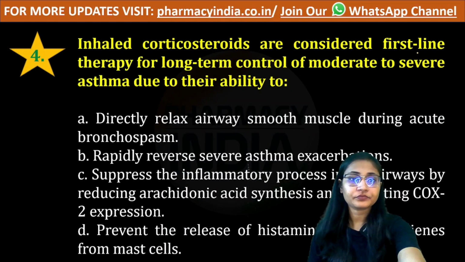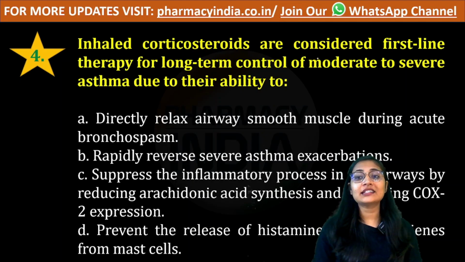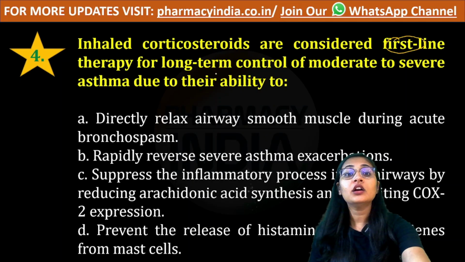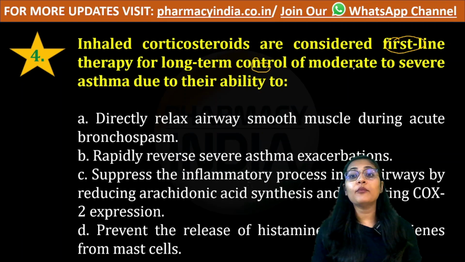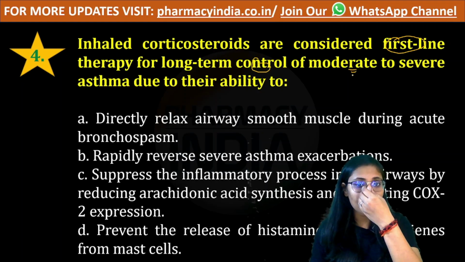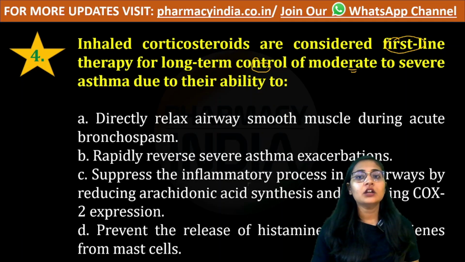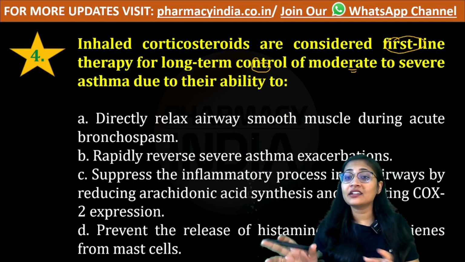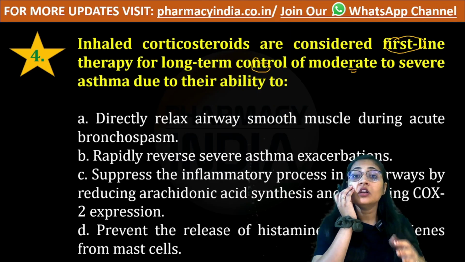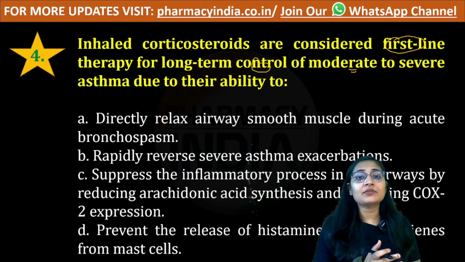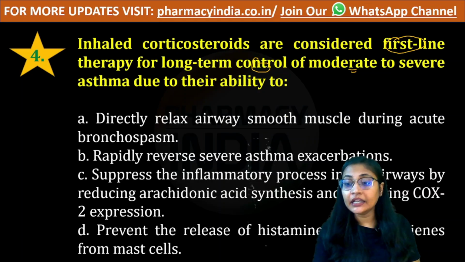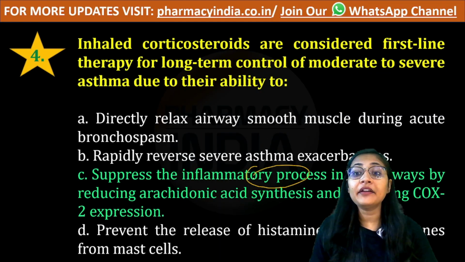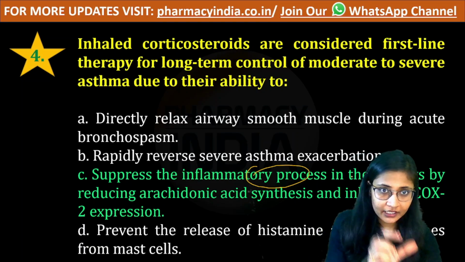Question number 4. Inhaled corticosteroids are considered first line therapy for long-term control of moderate to severe asthma due to their ability to... So corticosteroid is considered a first line therapy in both moderate as well as severe asthma, because it has the ability to suppress the inflammatory processes. What does corticosteroid do?